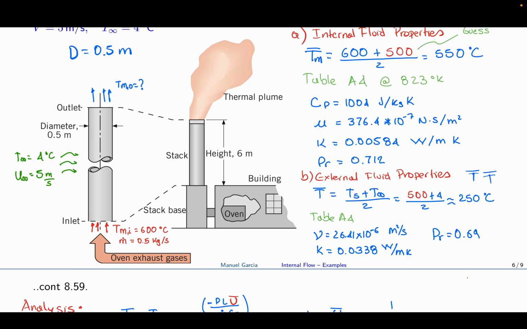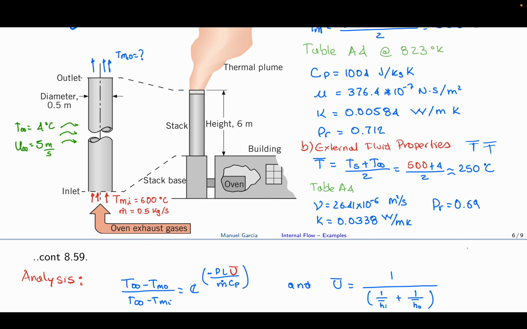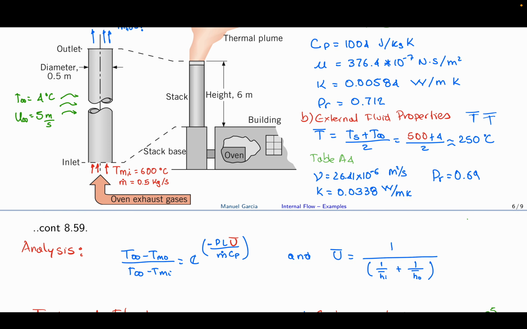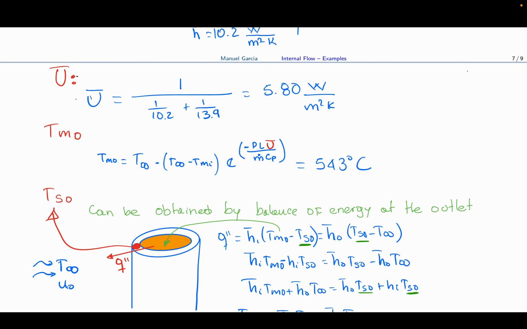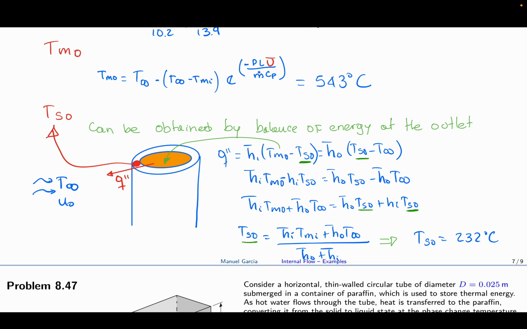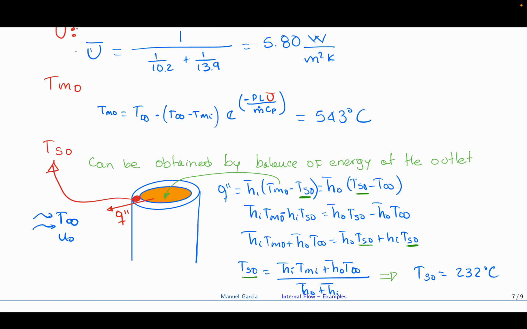If that's the case, then we have to do a second iteration. And the same thing with the temperature at the surface that we said here, that was 500, which in reality is much lower than that, so we got 232. So that probably will be a bigger change, and that will give us a better estimate of the exit temperatures. Okay, thank you.